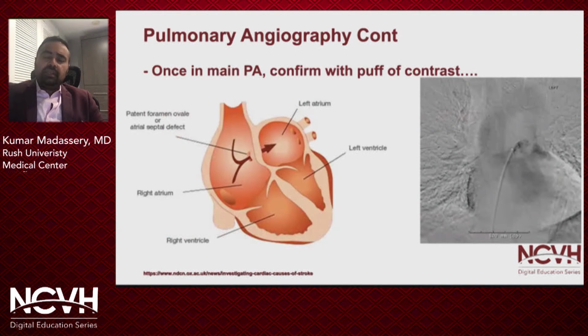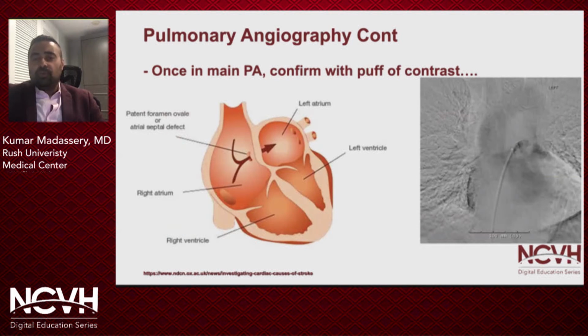One little thing to think about: when you're trying to get into the main pulmonary artery, it is possible to think you're in the main pulmonary artery when you're not. If you look at the picture on the right, from an angiogram of one of my patients in the past, the catheter went right through a patent foramen ovale, a PFO. This can happen especially in patients with heart failure, PEs and all that, because the right ventricular pressure gets so high, the right system gets so high that it opens up the PFO and you might not realize you're in there.